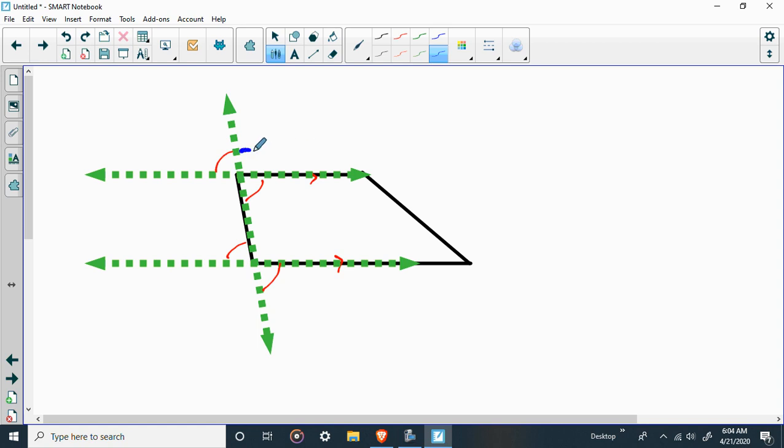But we also know that all these guys right here were all congruent, and that if I took any two of these in a row, they would equal 180 degrees. So if we take all that away and just look real quick, I've got a red angle here and a blue angle here. So any red and blue angle together have to equal 180 degrees. Whenever we hear the word parallel, immediately these are things we should be thinking.